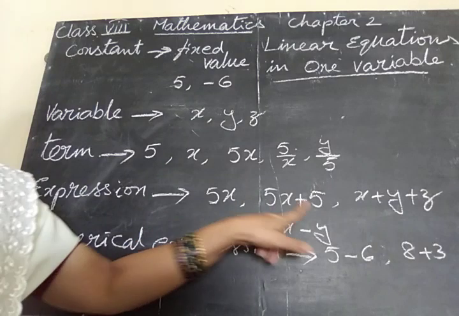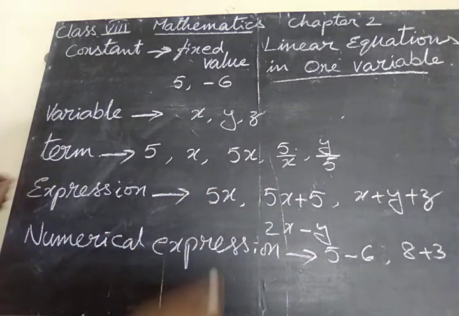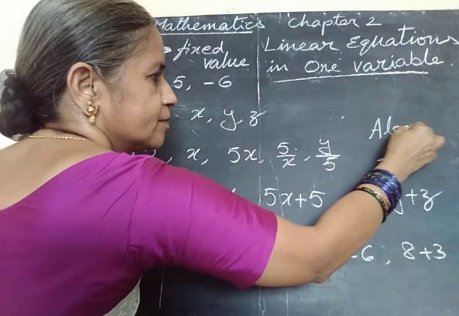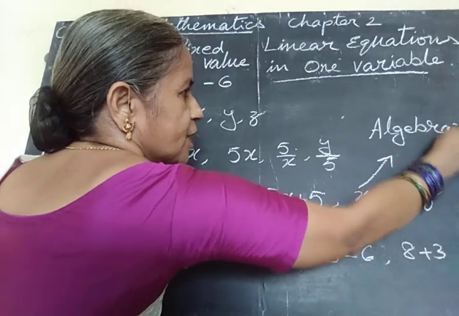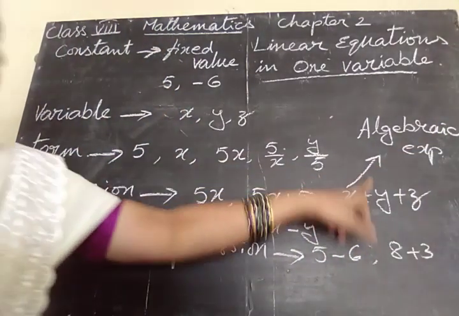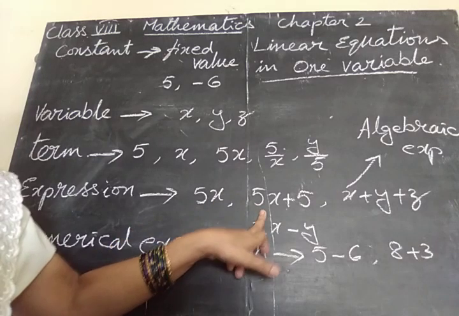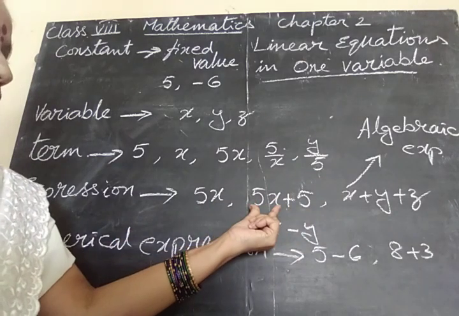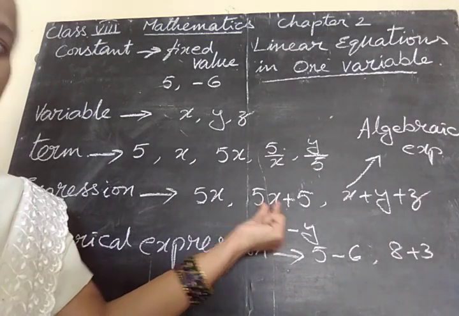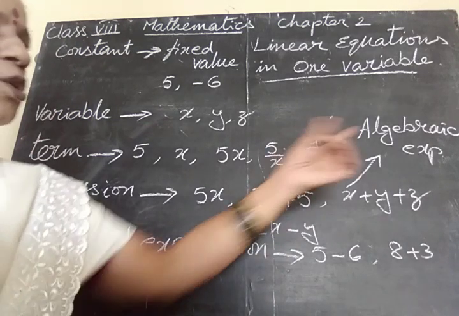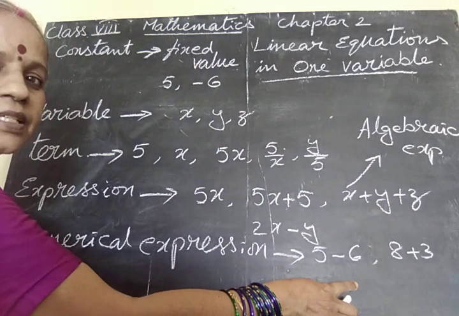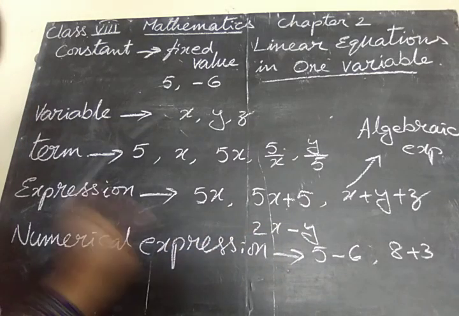These are called algebraic expressions, like 5x plus 5, where a variable is present. So with variables, the expressions are called algebraic expressions. With only constants, they are called numerical expressions.